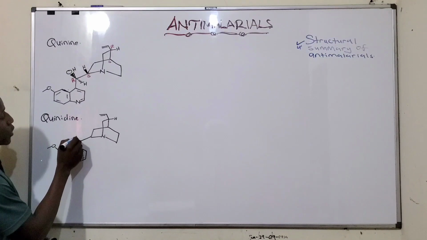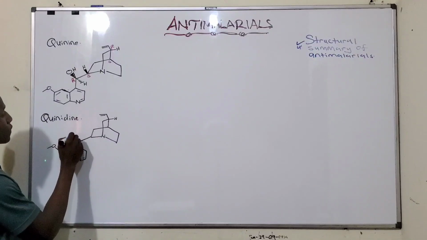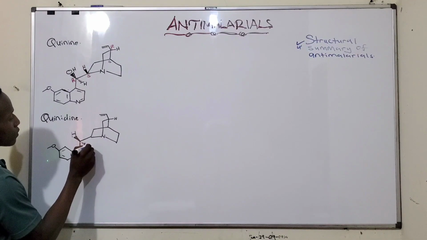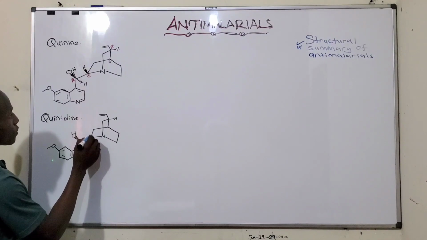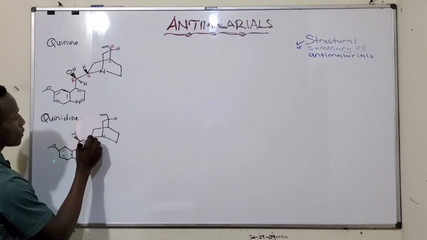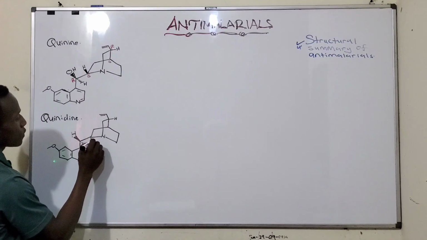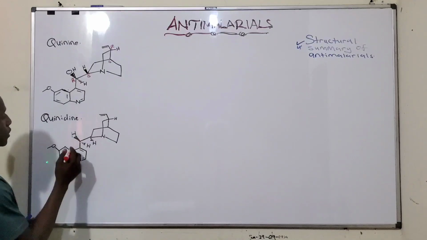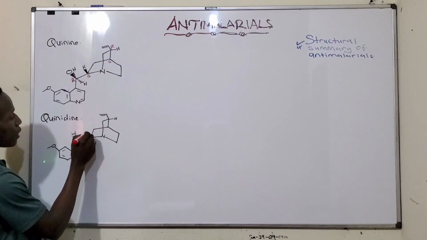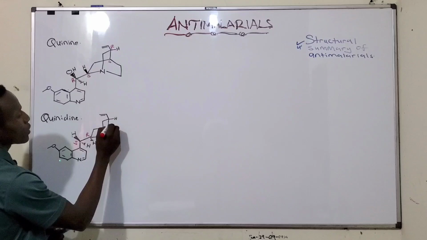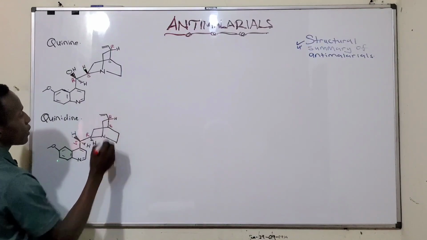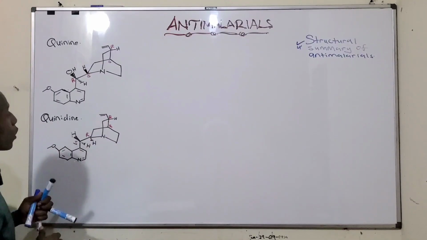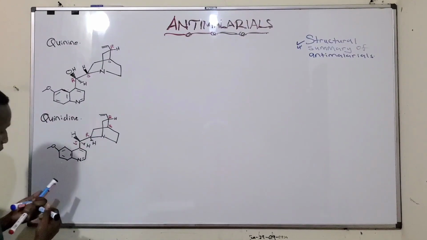The changes between quinine and quinidine are here. For quinidine, here it is S, here it is R. But these ones remain: this is S and this is R. This is quinidine. We are going to see how they were modified to make other antimalarials.